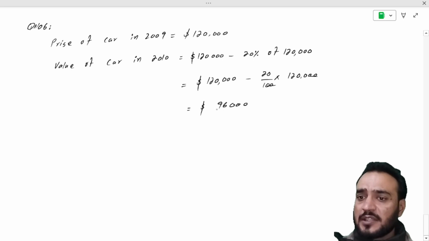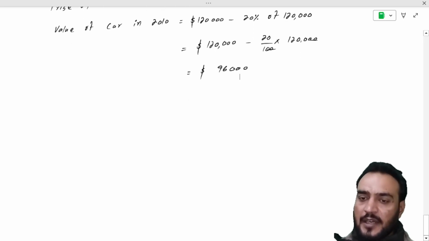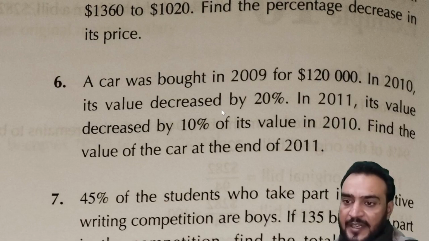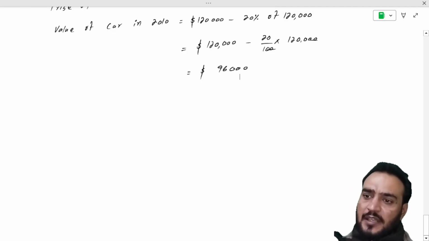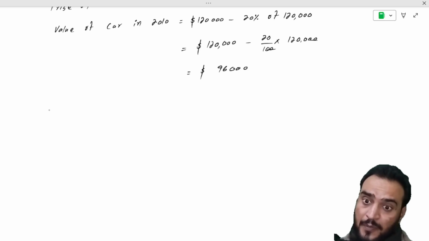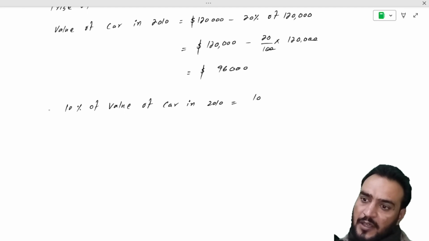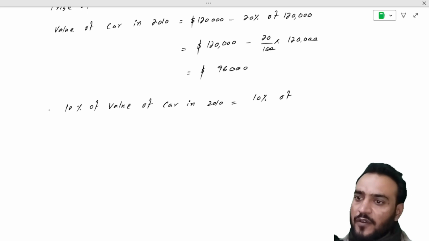So this is the value of car in 2010, and in 2011 its value again decreases by 10% of its value in 2010. The value of car in 2010 was $96,000.